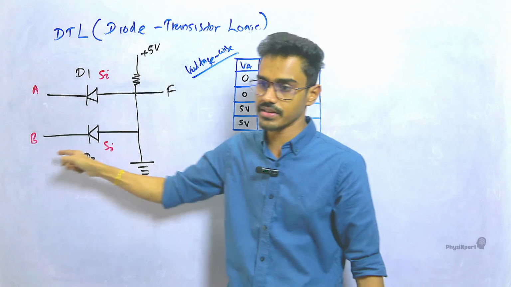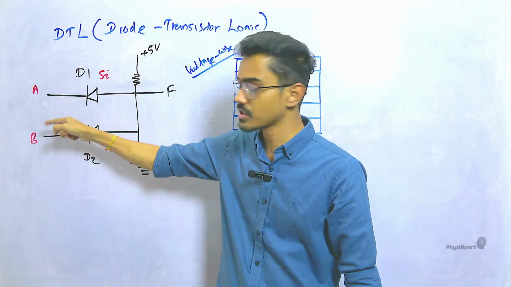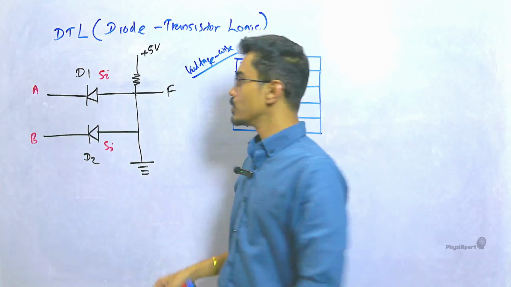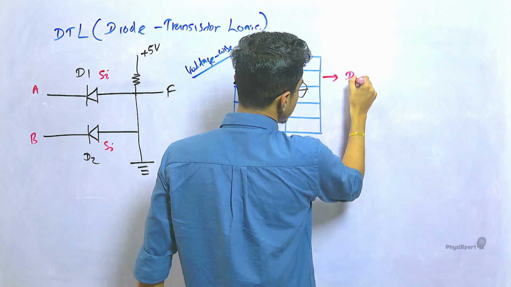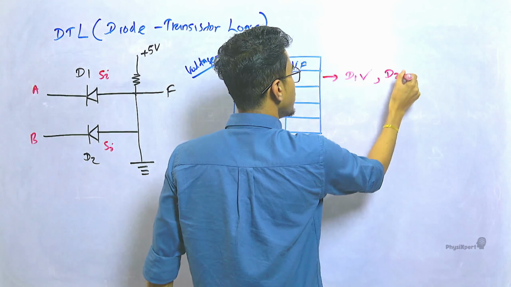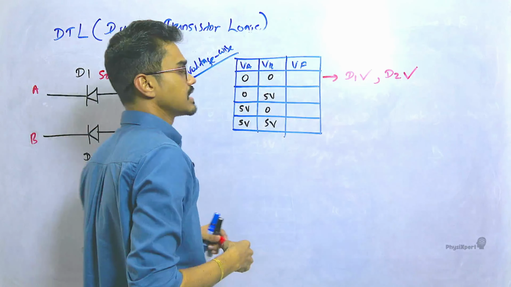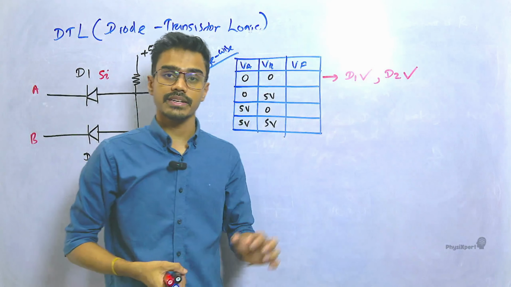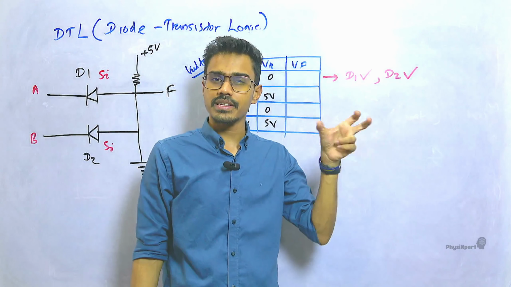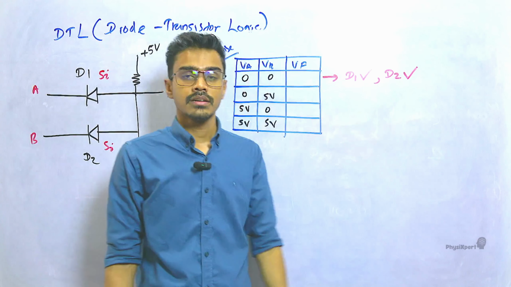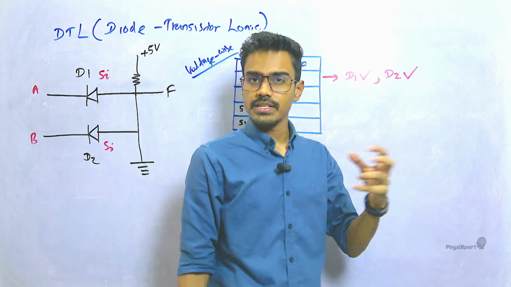It has enough potential difference across this, so they are going to forward bias. Under this condition, D1 is forward biased and D2 is also forward biased. When a silicon diode is forward biased, it keeps a potential difference of 0.7 across it.